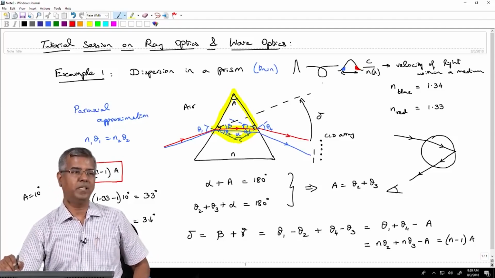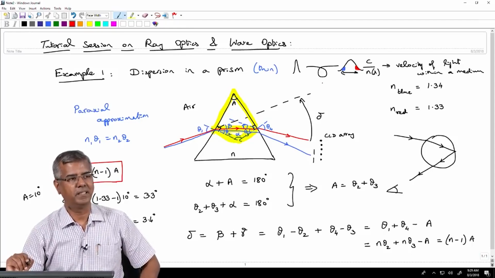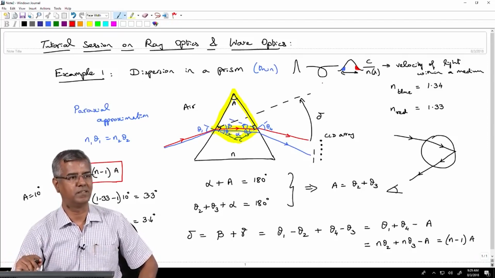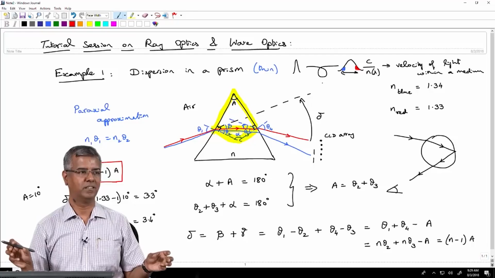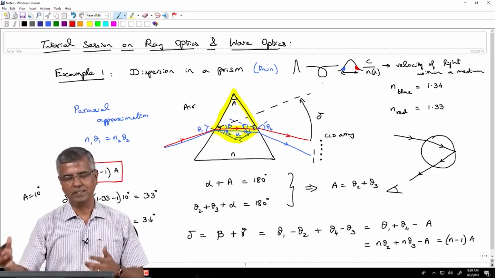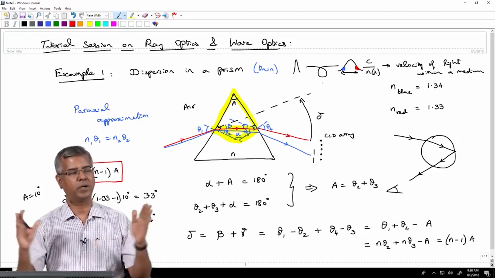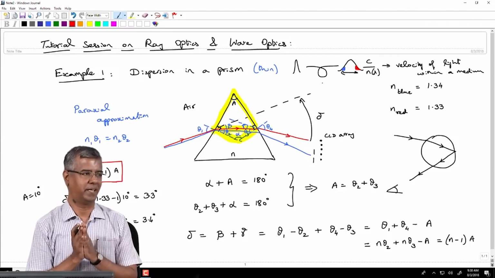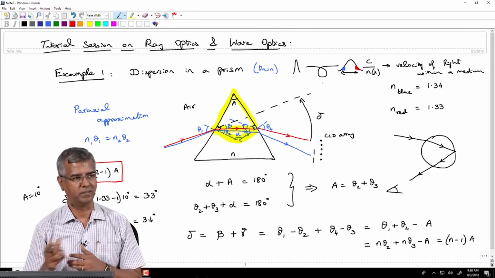Now, can you do something about this pulse spreading? Can you actually recompress it back to the original pulse? Yes, because all these colors are nicely sequenced. So, if you find an element that can delay the red with respect to the blue, then you can actually get the pulse back, and that is a process called dispersion compensation.